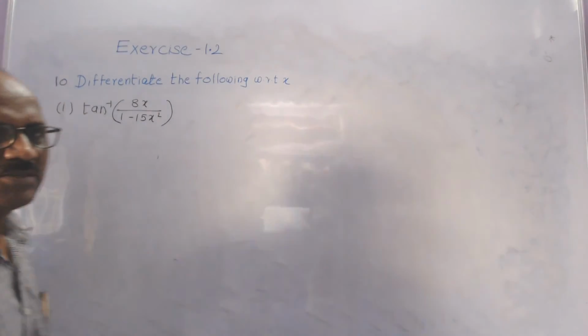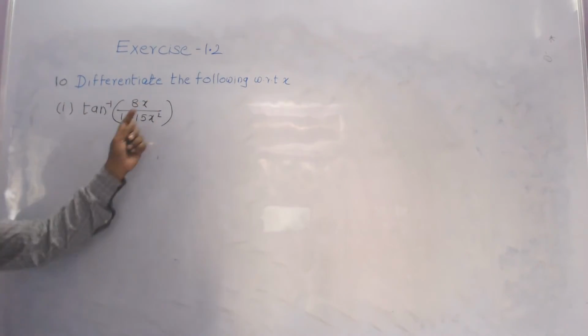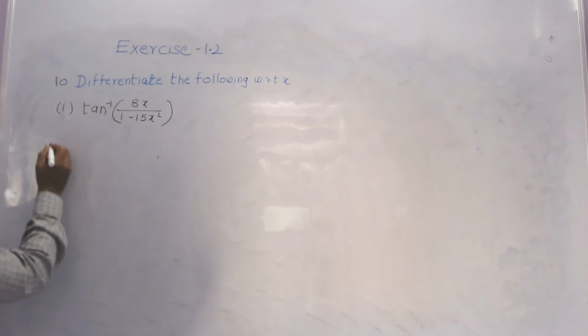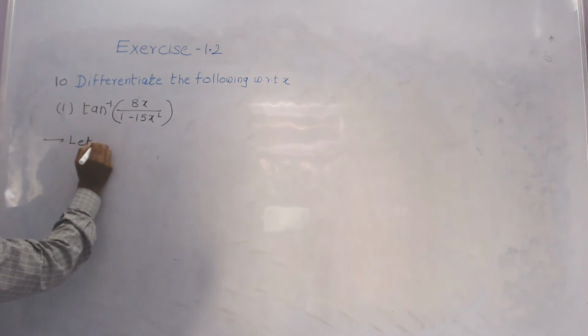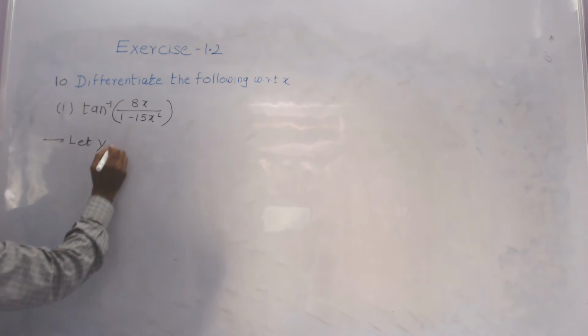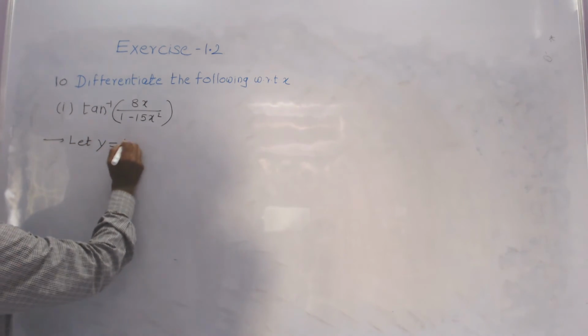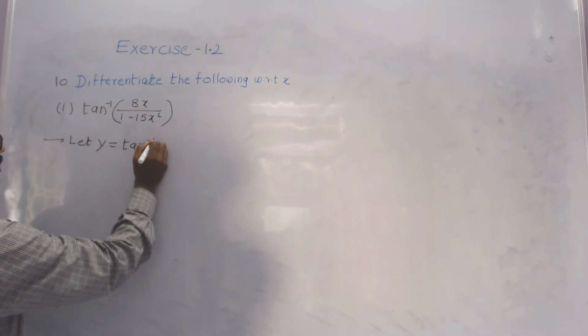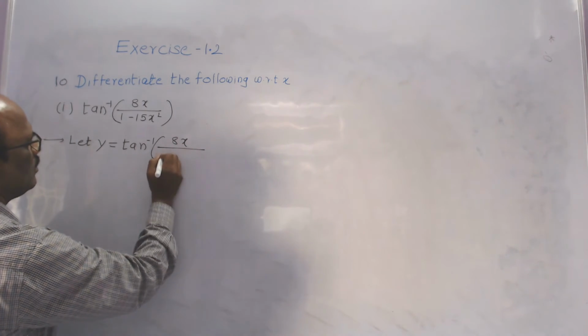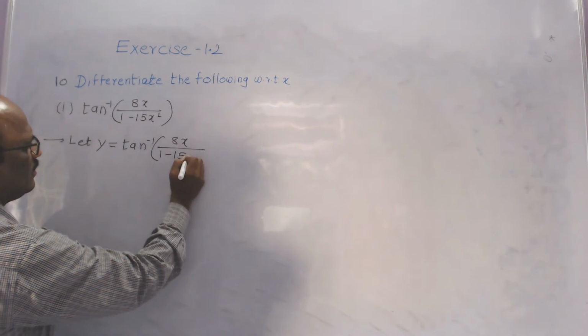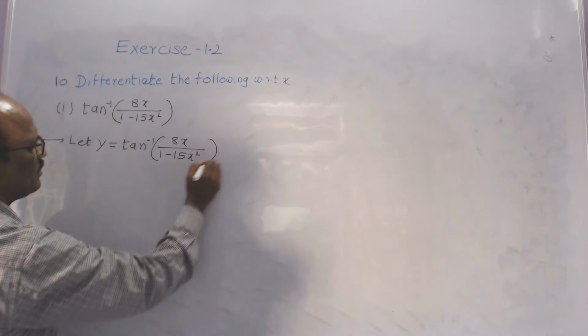Now the next problem is tan inverse of 8x upon 1 minus 15x square. Now the solution. Let y is equal to tan inverse of 8x upon 1 minus 15x square.